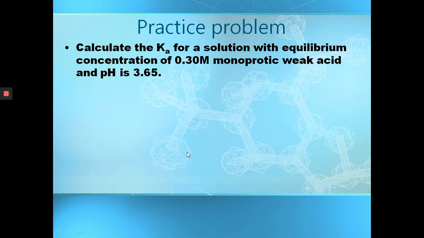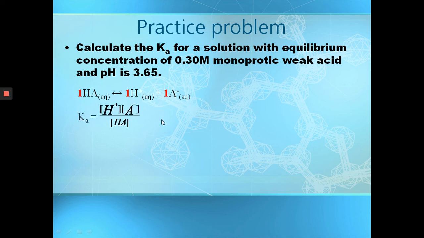Calculate the Ka for the solution with equilibrium concentration of 0.30 molarity, monoprotic weak acid, and pH is 3.65. Okay, so I'm going to first write out my skeleton equation that looks like this. The acid breaking down into the hydrogen ion and anion.